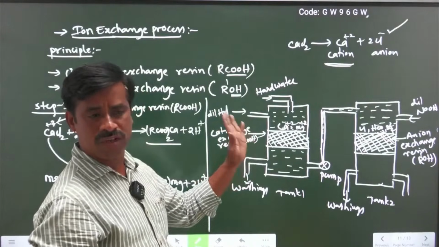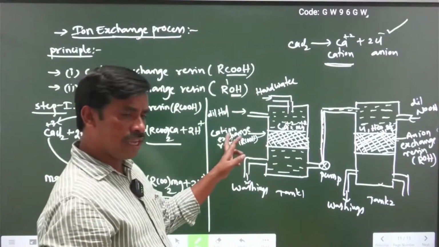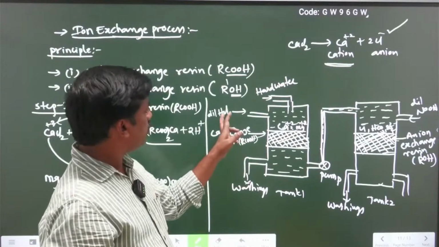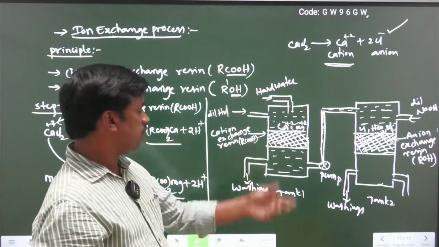The cation exchange resin bed is regenerated by the addition of dilute HCl.